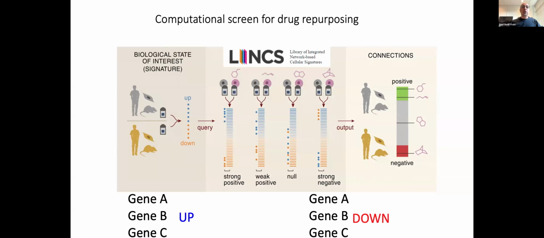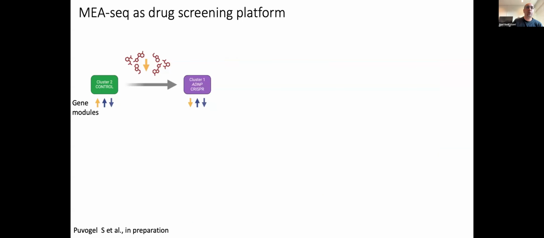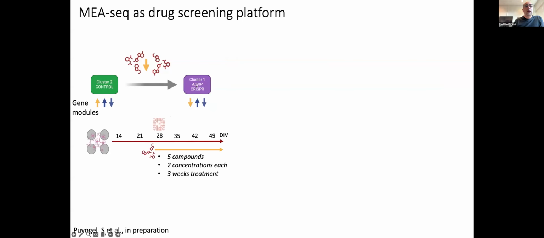But so the question is, does our data actually show that we can do that? And I just want to show a proof of concept. It's not with EHMT1, I apologize for that, but I think the proof of concept is very interesting because in this case we ask the question, can we use this kind of approach to go from one cell state to the other, so in this case from control cells to another disorder.